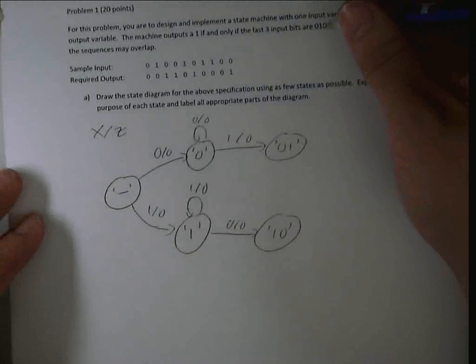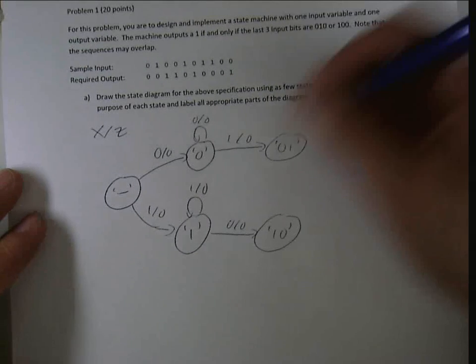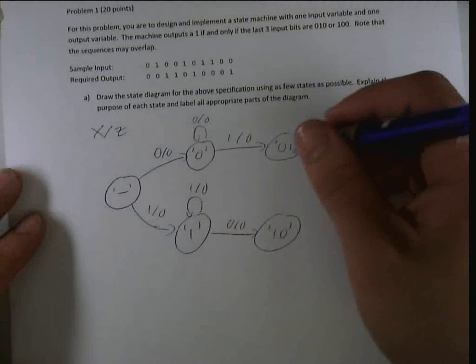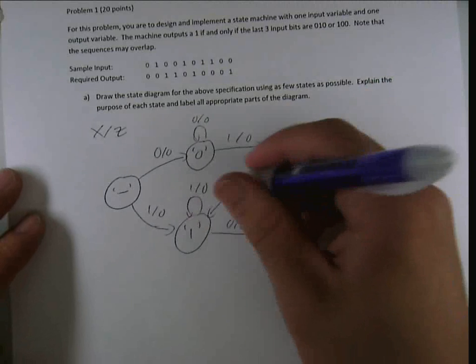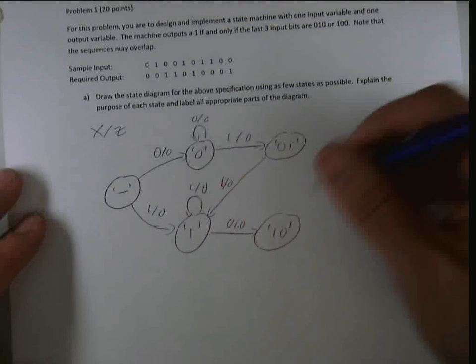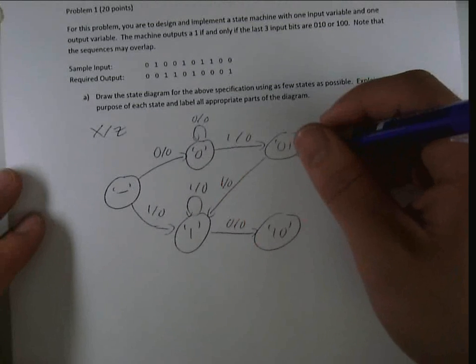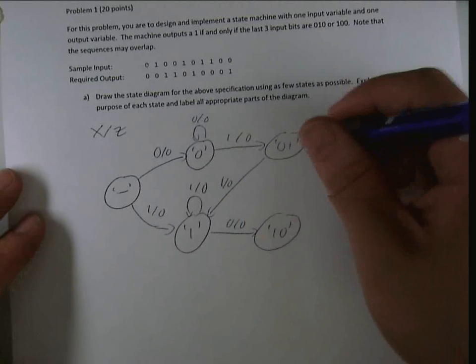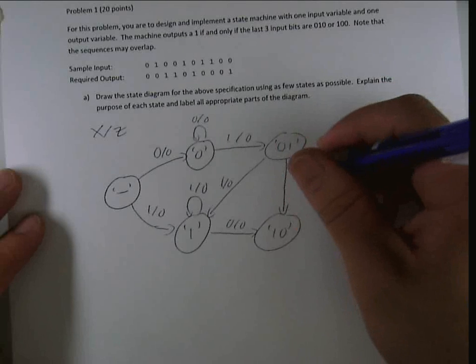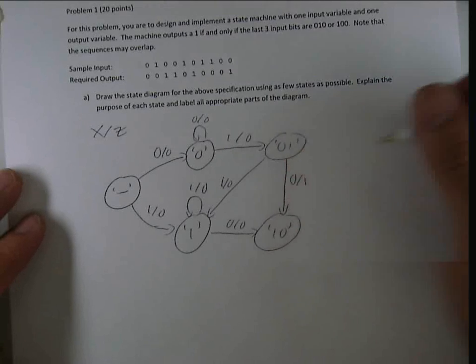If I get a 1 while in this state, I will want to go to here, and I'm going to output a 0 because I've broken my sequence. And if I get a 0 while in this state, I want to output a 1, and I'm going to go to this state because I just got a 1, 0. So 0/1.